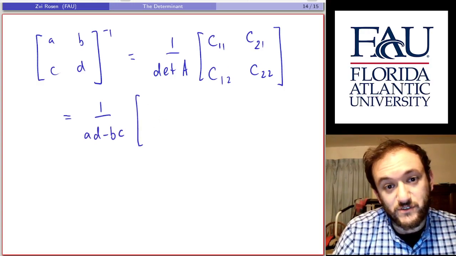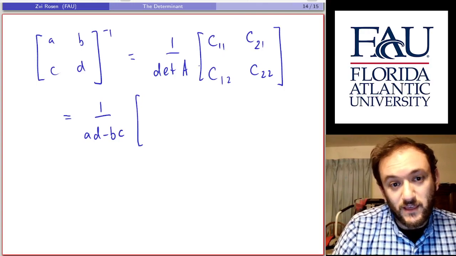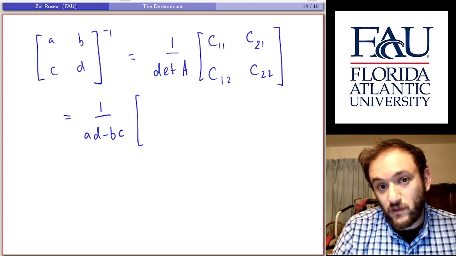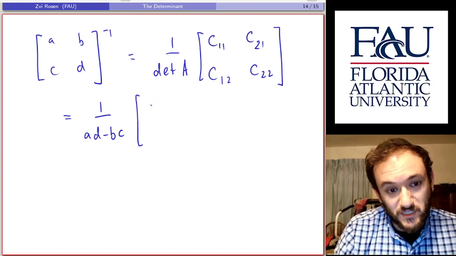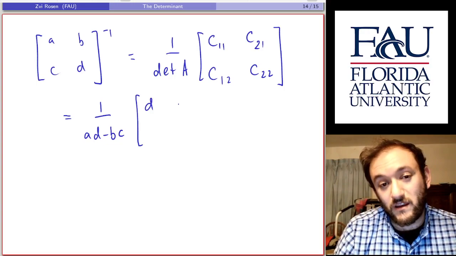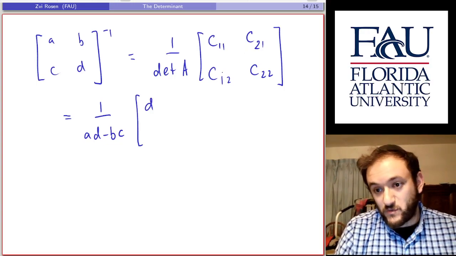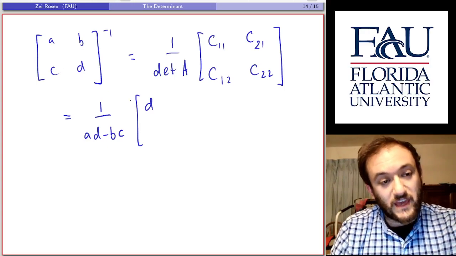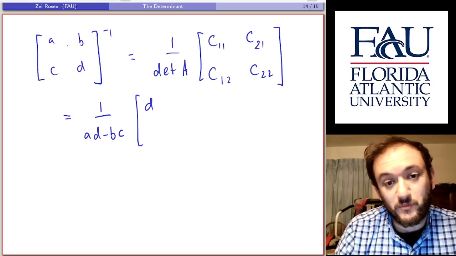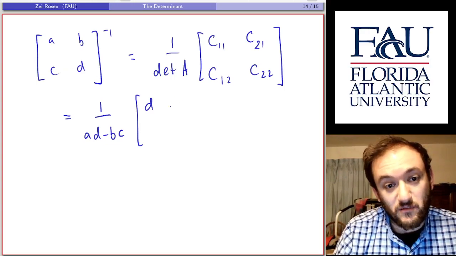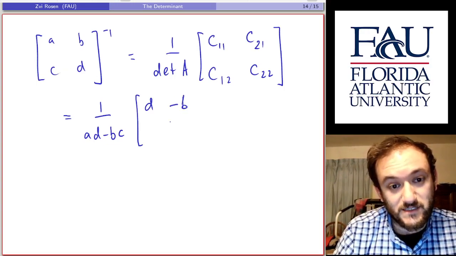The cofactor, so C11, is the submatrix that we get omitting the first row, first column, so that's going to be D. For C21, we pick up a factor of -1, as well as the entry we get when we omit row 2, column 1. So that's going to be B with a new minus sign here.